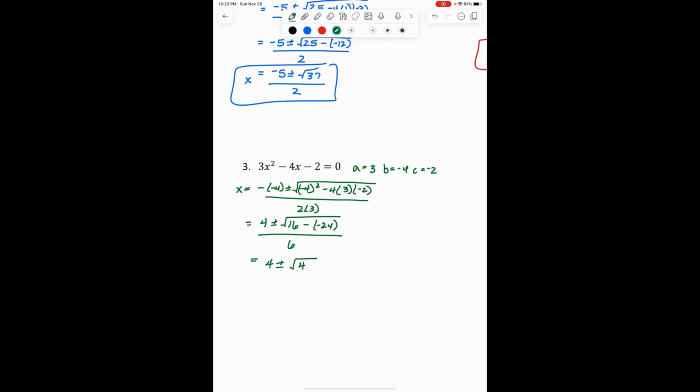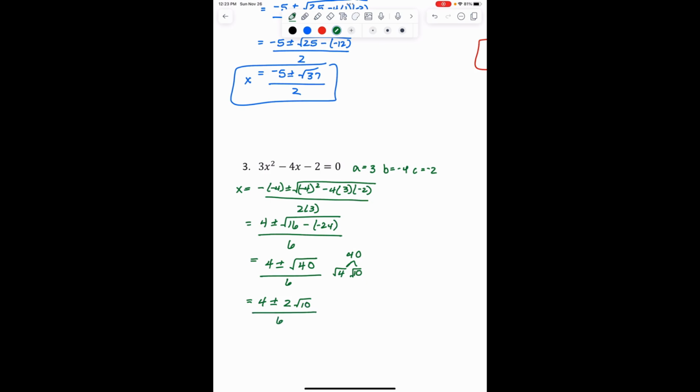So 16 plus 24 is 40. Okay, now we'd look to simplify first. So 40 we can break down into 4 times 10. So we can say this is 4 plus or minus square root of 4 is 2, square root of 10 all over 6.